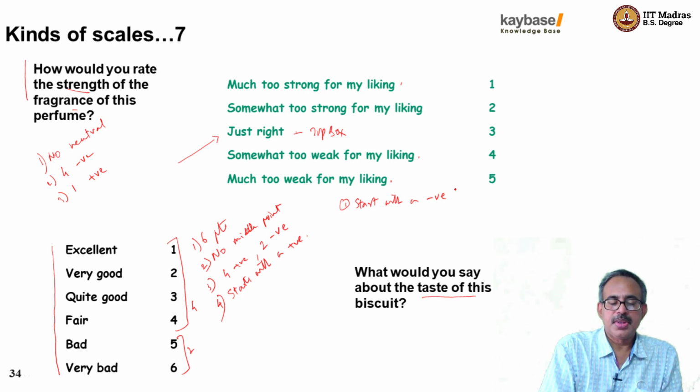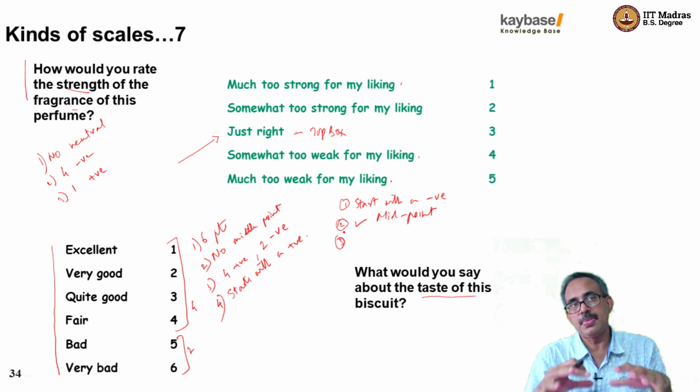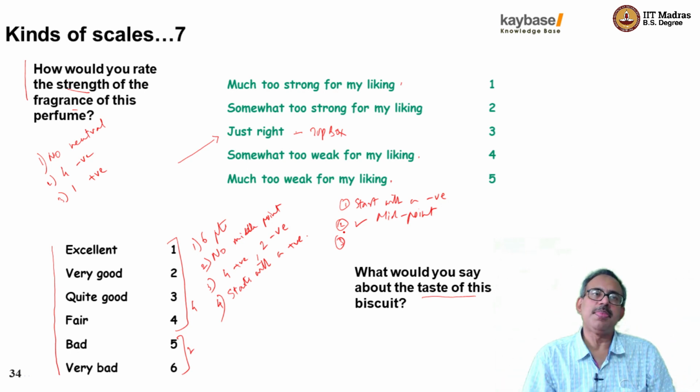Second, by and large, it is preferable to have a midpoint. You'll sometimes find people who are not very hands-on with research saying, but then everybody will just pick the middle point. It absolutely doesn't happen.